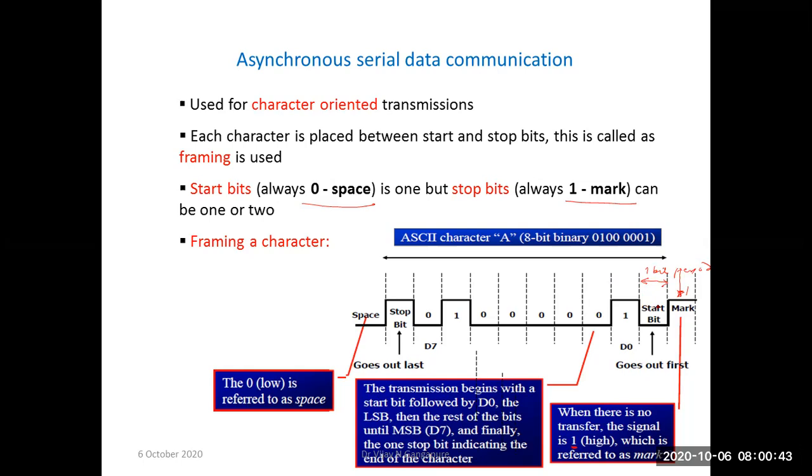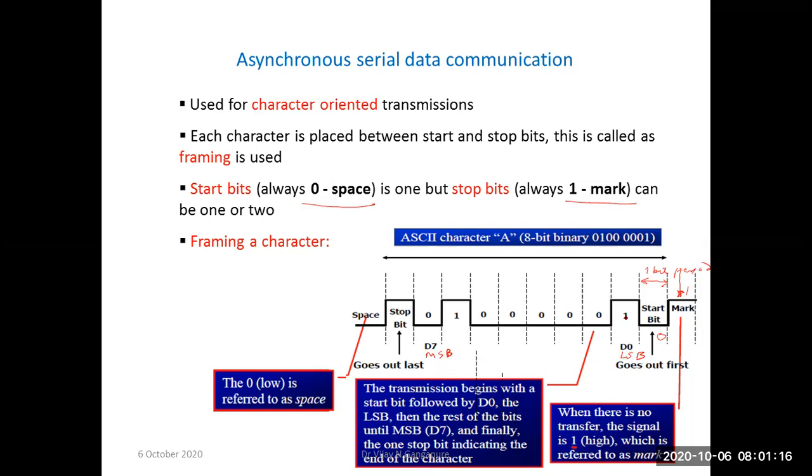Serial transfer of data starts with the start bit, which is a space, means logic 0. It will remain 0 for this 1 bit period of time. And then the actual character byte will be placed serially. First the LSB, that is D0, and D7 is the MSB.